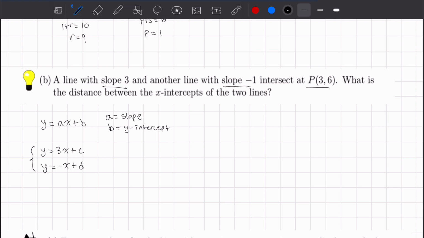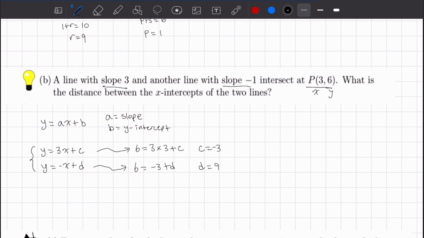So 3 is the x value and 6 is the y value, so we plug each of the values into the lines. For this one, plug 6 into the y and 3 into the x. So 6 equals 3 times 3 plus c, and we get c equals -3 here, and here 6 equals -3 plus d, and therefore d equals 9.